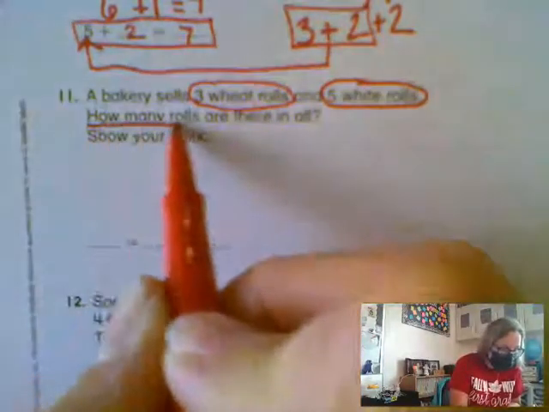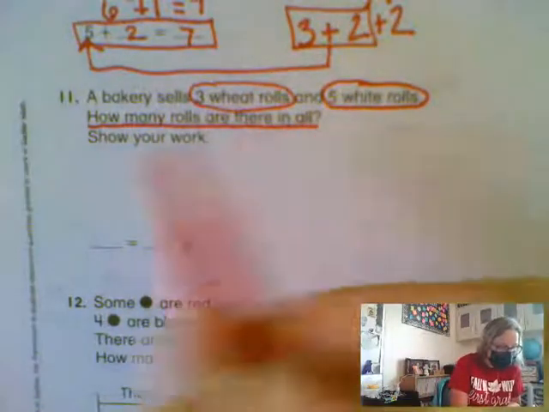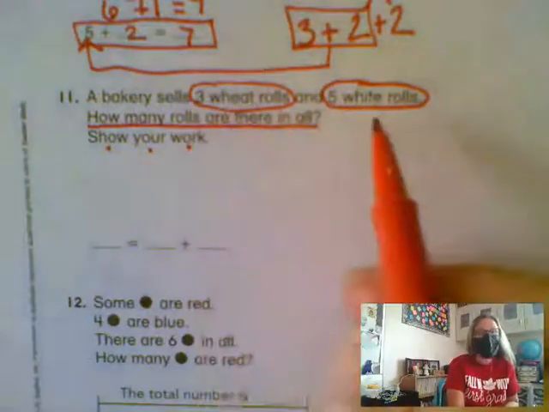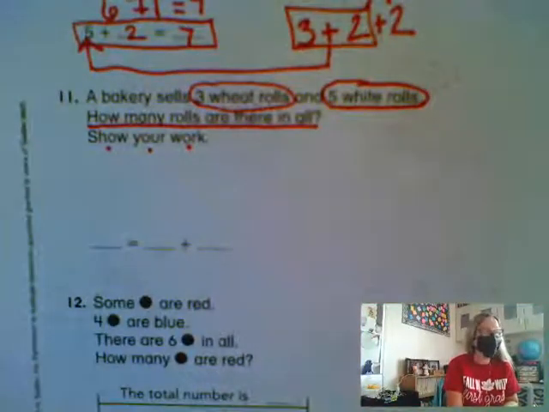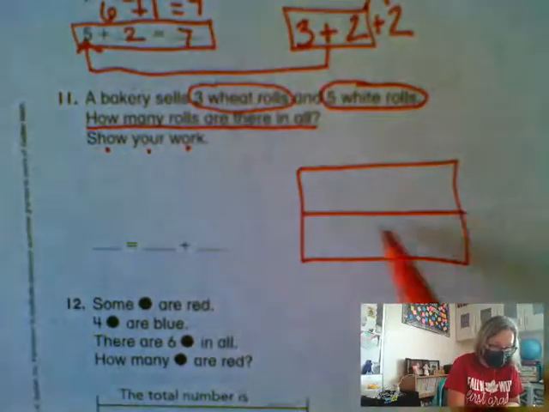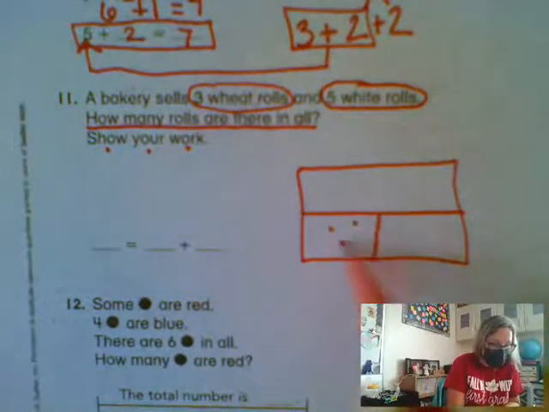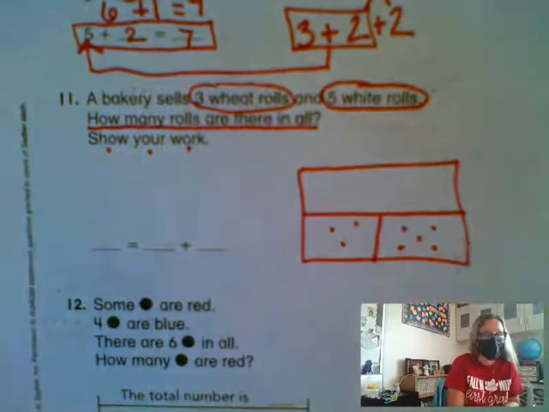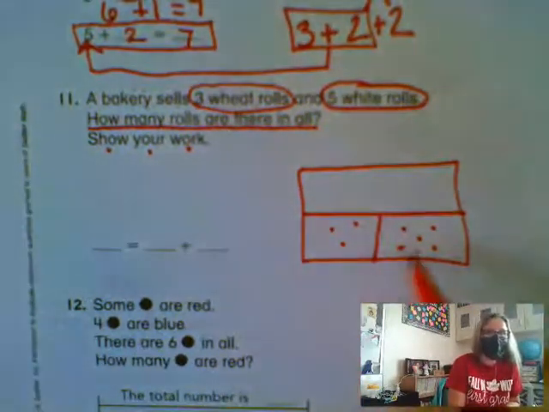How many rolls are there in all? Show your work. So 3 and 5, those are my parts. So in my part whole chart, I have 1, 2, 3 wheat rolls and 1, 2, 3, 4, 5 white rolls. Those are my parts.